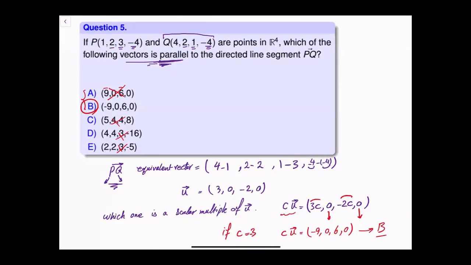Any other question? Yeah, I also have a question. Is collinear the same concept as parallel? Yes. For vectors, the term that we usually use is collinear. But when it comes to one directed line segment and one vector, or one vector and a line, or two lines, we use the word parallel.